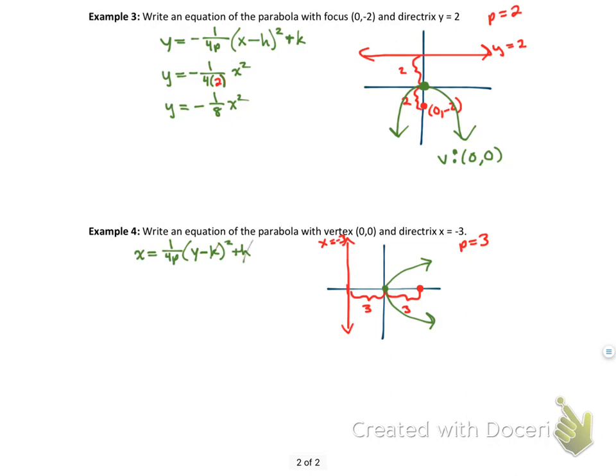We don't even have to worry about those. We just have to worry about this p value. So x is going to equal 1 over 4 times our p value, which was 3, y squared. Well, that's easy to simplify. That's just 1/12 y squared. And that's how you find the equation.